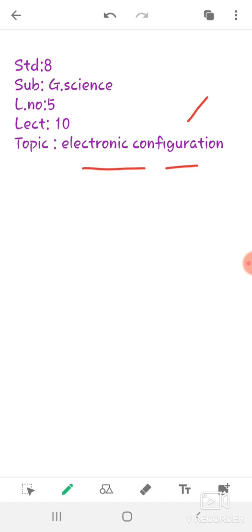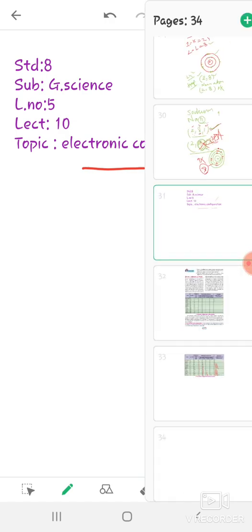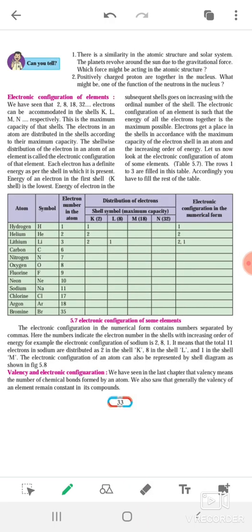textbook on page number 33. A table is given there, and if you remember we have solved 3 to 4 examples, 3 to 4 elements. We found the electronic configuration of oxygen, sodium, helium and argon also. So let's take out page number 33 of your textbook.